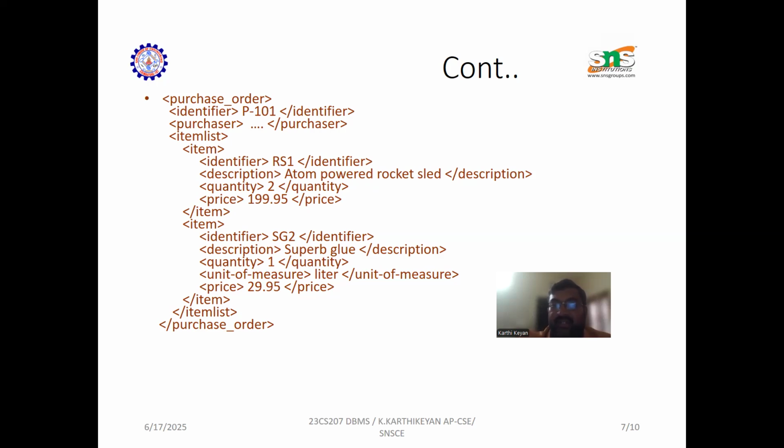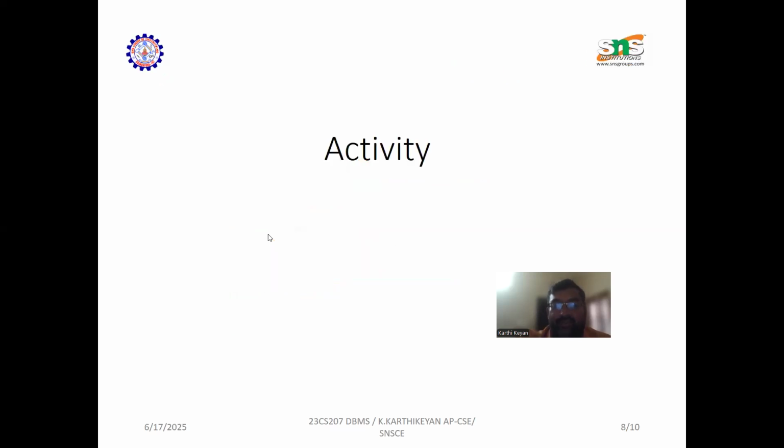Once I declare that, the second item is HG2, Super Glue, quantity 1, price 29.95 rupees. So this is a way to represent a purchase order, and every grocery item you can easily implement with that syntax. So the activity is XML.